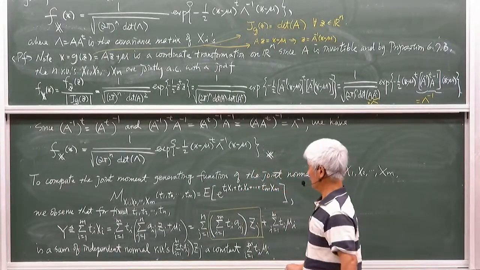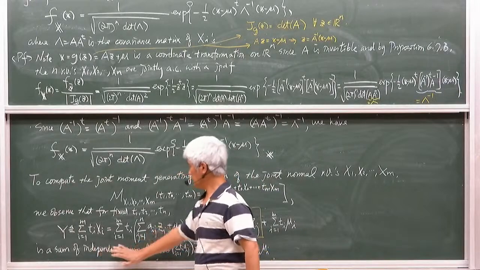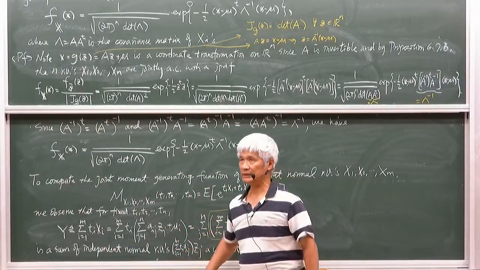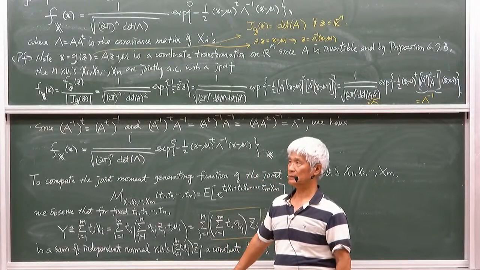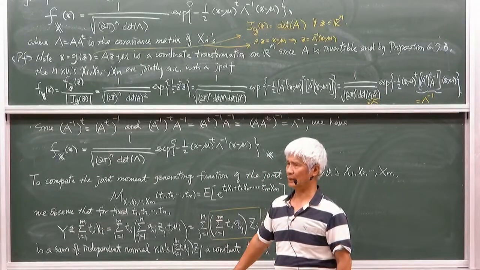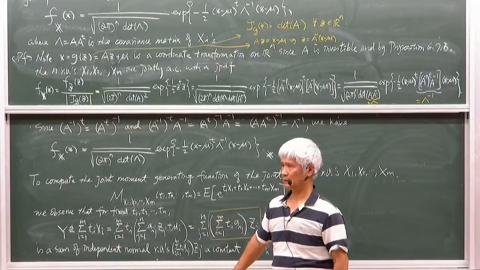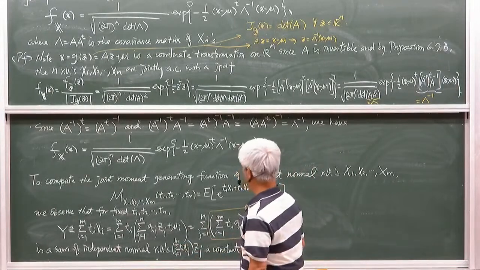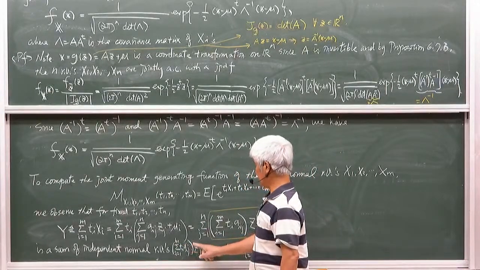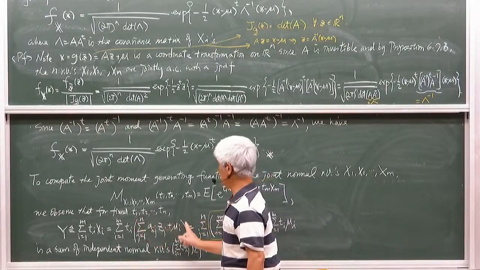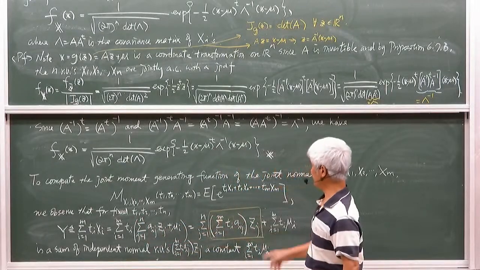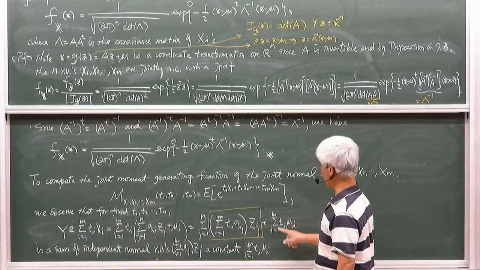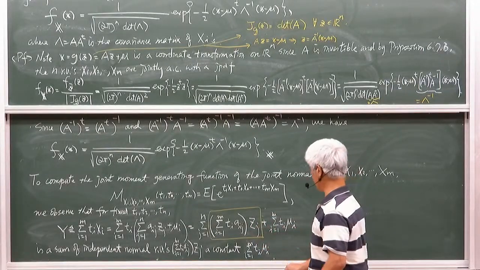As the sum of independent normal random variables, by the proposition we discussed, this sum must be a normal random variable. A normal random variable plus a constant is again a normal random variable.